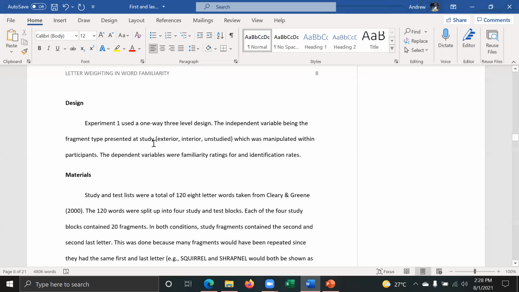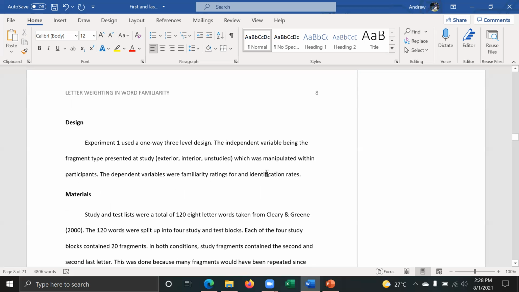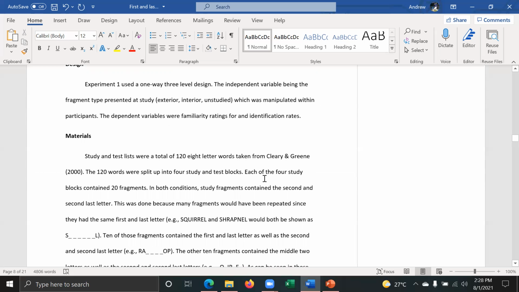This is what the independent variable is, what they're studying: the exterior letters, the interior letters, or they're not studying a fragment of a word. The dependent variable, I have two here, but you probably will only have one. So just state what that is. Dependent variables were familiarity ratings and identification rates. And I did explain what identification means earlier, so don't worry about that.